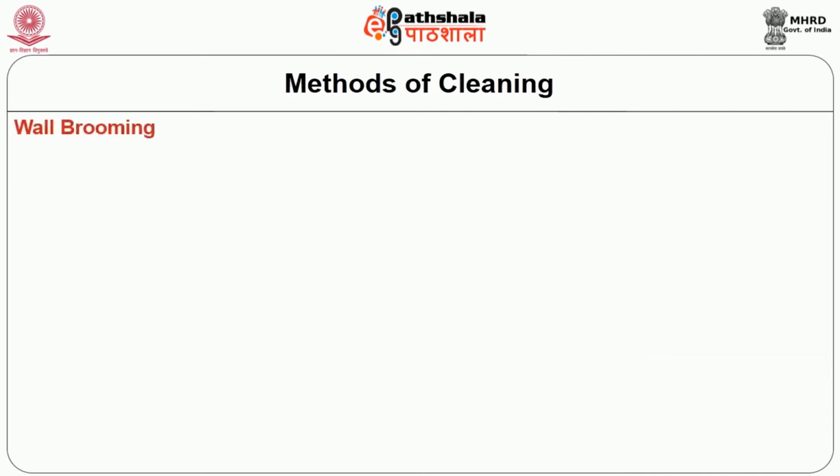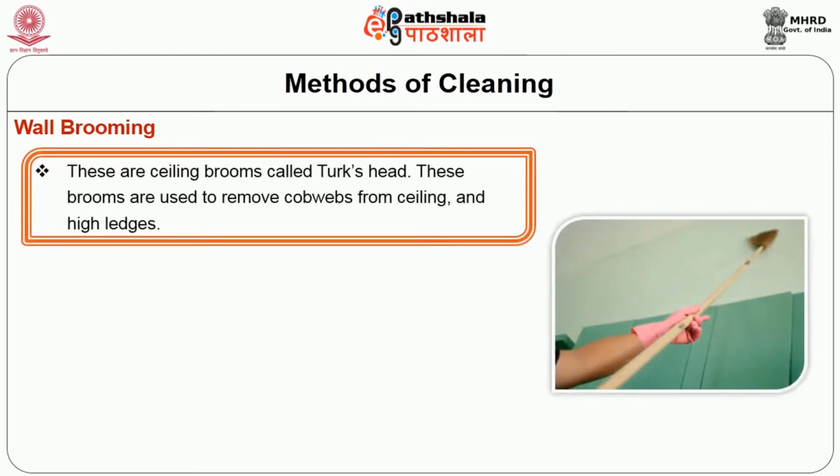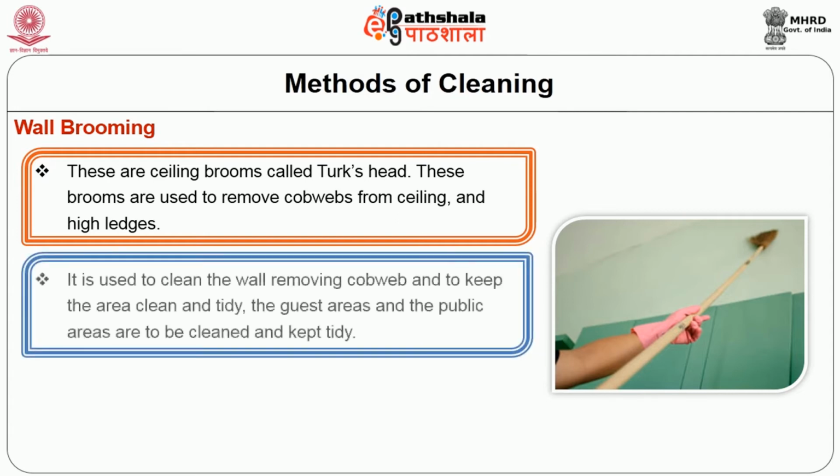The next concept is a simple method of cleaning the wall, called wall brooming. This is also called a ceiling broom, and it is also named a Turk's head. These brooms are used to remove cobwebs from the ceiling and high ledges. It is used to clean the wall, remove cobwebs and keep the area clean and tidy.